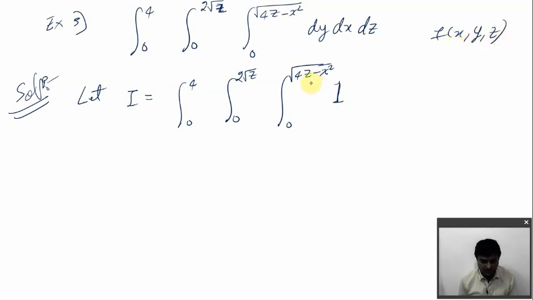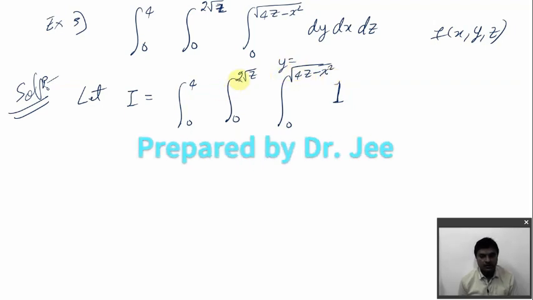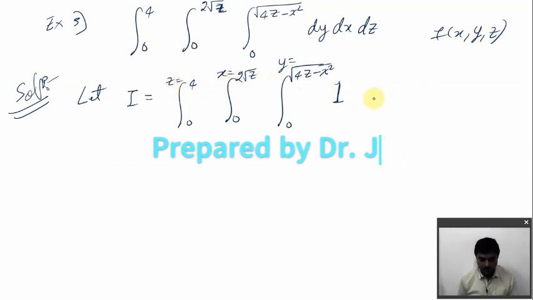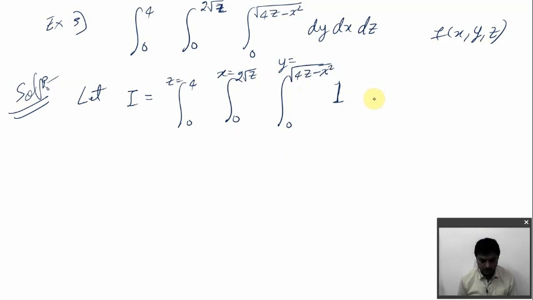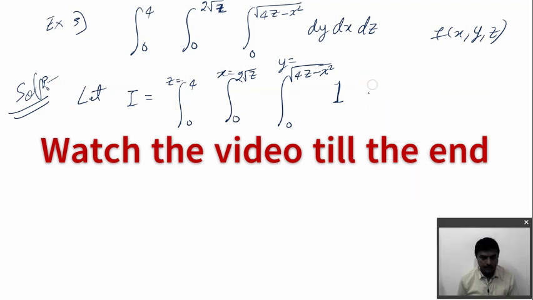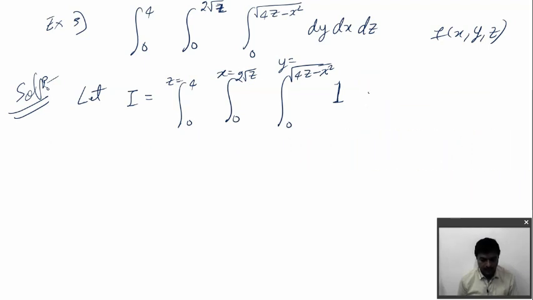In the first integration you can see at the upper limit x and z are there, so what is missing? y is missing, so this is the y value. After y, x and z are remaining. If z is there, means this is x and this is z value, means you have to arrange this equation in terms of x, y and z. Then you can simplify this very easily.